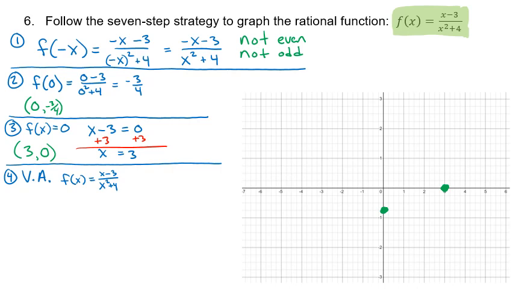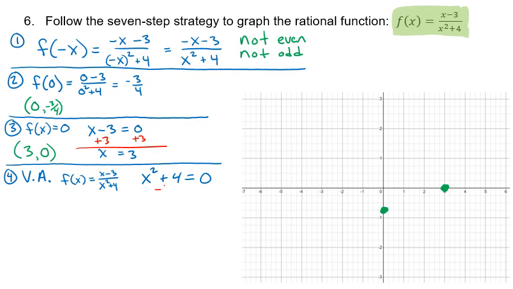So when is the bottom equal to 0? Well, never. X squared can't be negative. So if you take something that can't be negative and add 4, it's definitely not going to be negative.